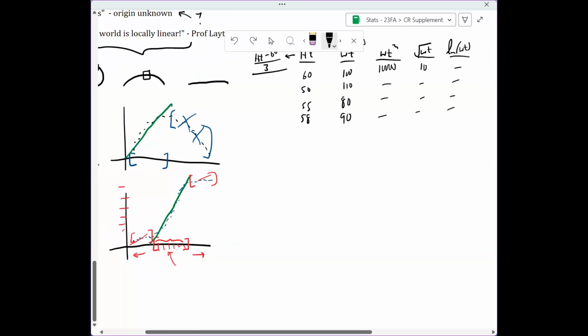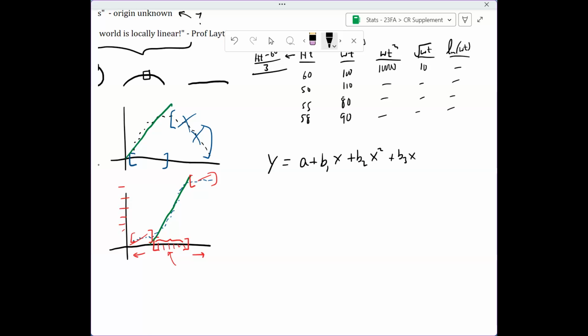Now, in that model, they have lots of variables they're trying to relate to one another, but they might have something like Y equals A plus B1X plus B2X squared plus B3X cubed.